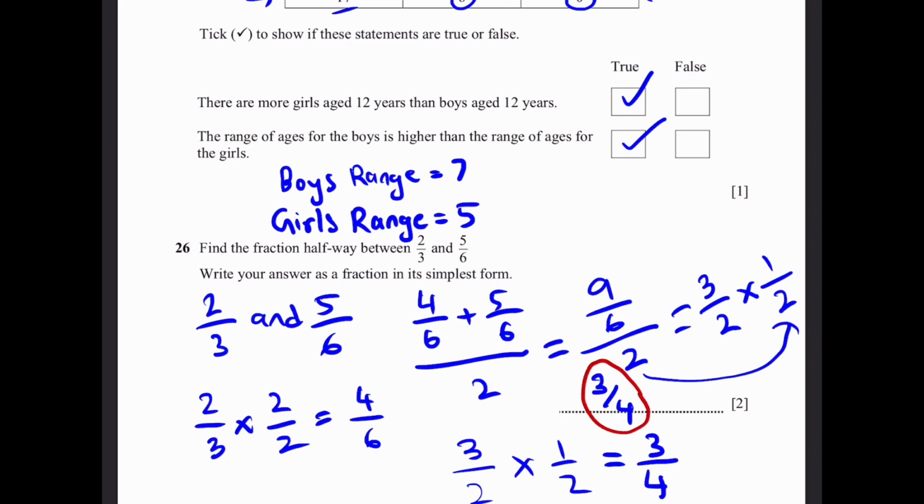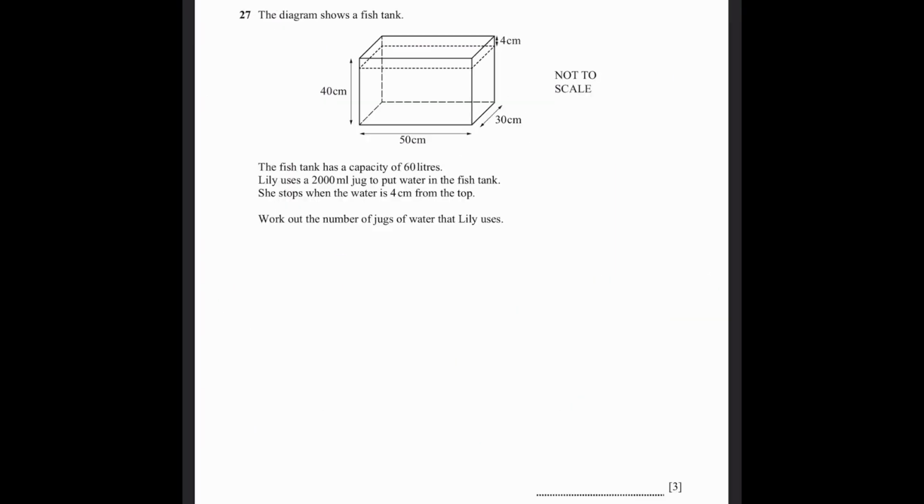Question 27. The diagram shows the fish tank. The fish tank has a capacity of 60 liters. Lily uses a 2000 milliliter jug to put water in the fish tank. She stops when the water is 4 centimeters from the top. Work out the number of jugs of water that Lily uses.